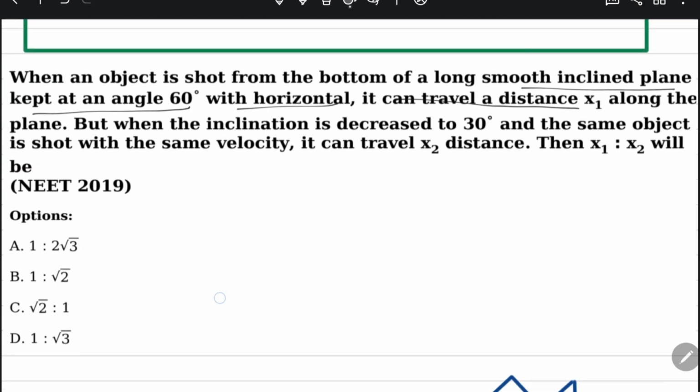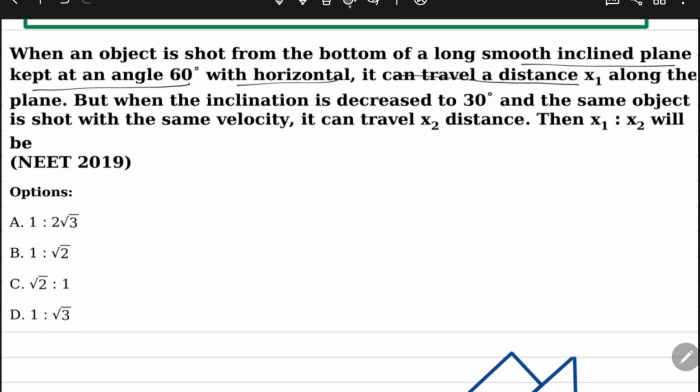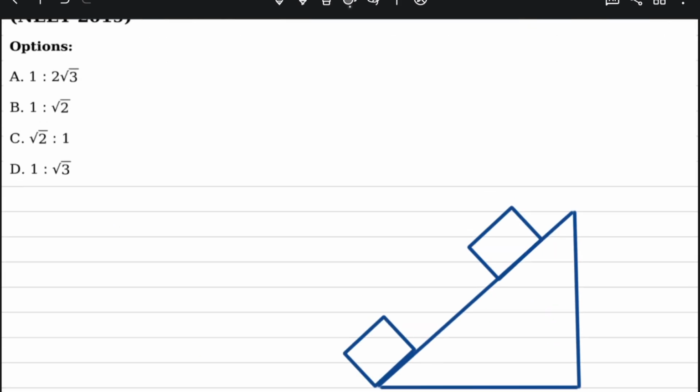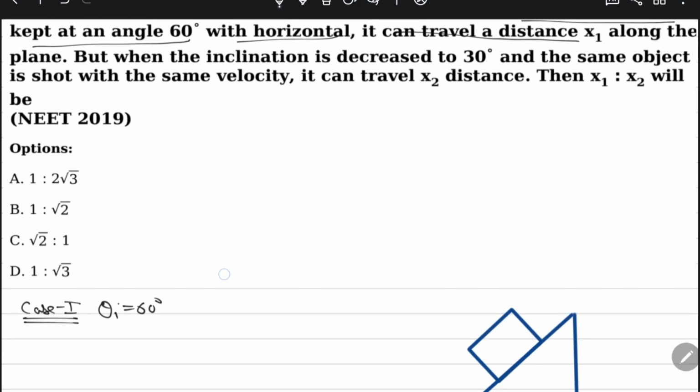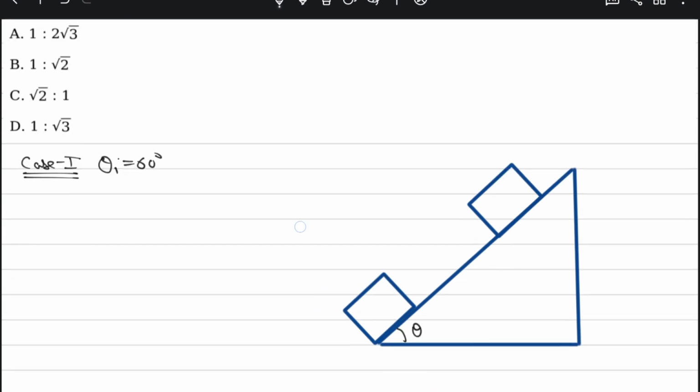When an object is shot from the bottom of a long smooth inclined plane, there are two cases. Case first, when it is shot at an angle theta 1 equal to 60 degree with the horizontal, it can travel a distance of x1. So this is the first condition, where it travels a distance of x1.